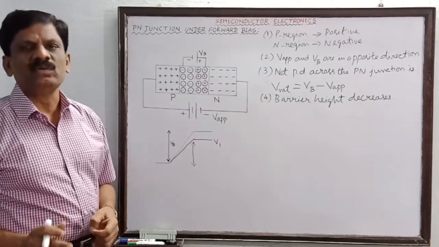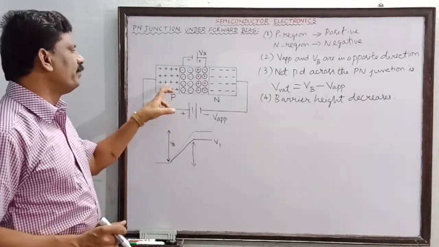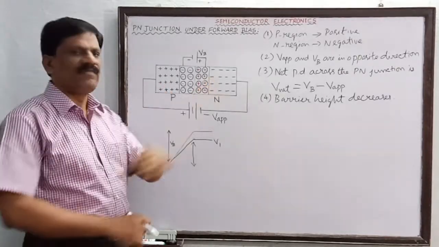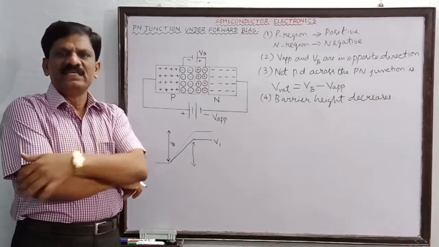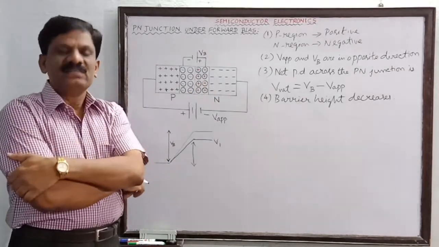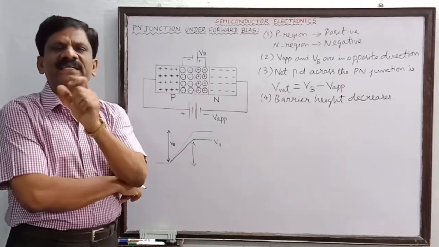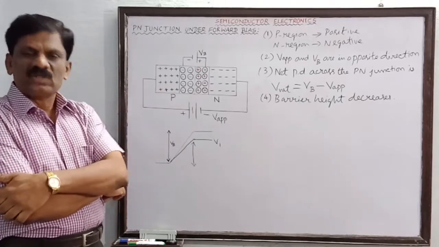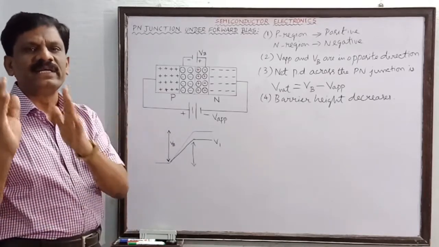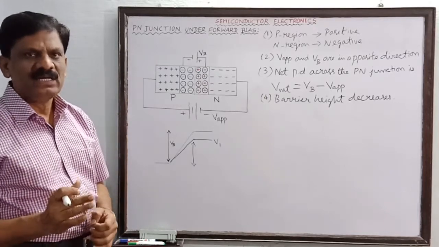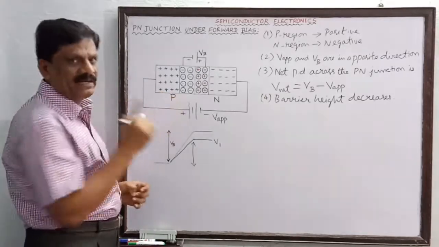So compared to the concentration of holes in the P region, the concentration of holes in the N region is lesser. This is called the concentration gradient.